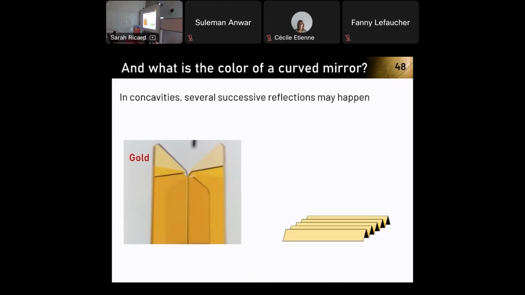This was for flat surfaces, but now let's go a step further to the cases where we have concavities. So we have a 3D object, not a convex object, but a concave one. And what happens is what Lionel evoked at the end of his presentation, the interreflections between the facets.